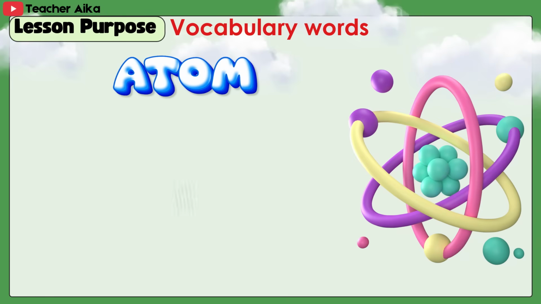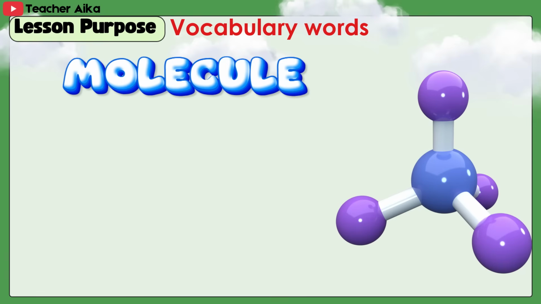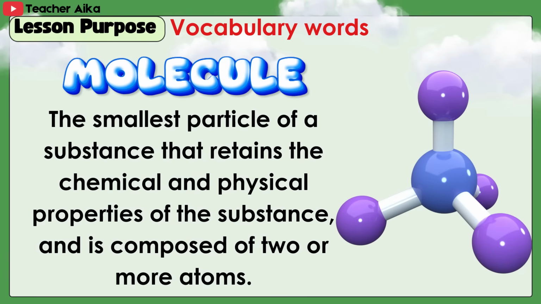Vocabulary words. Atom, the smallest unit of an element, consists of a dense, positively charged nucleus surrounded by electrons. Molecule, the smallest particle of a substance that retains the chemical and physical properties of the substance and is composed of two or more atoms.